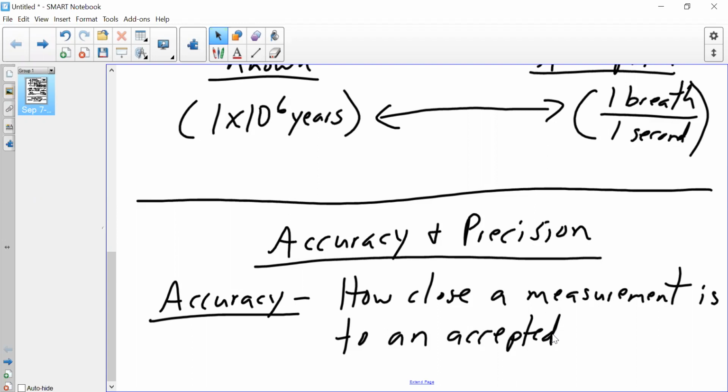If our percent error is, say, 20% or less, ideally 15 or 10%, then we can say just by the numbers, by the data itself, that our experiment was pretty good, because our result was a pretty fair estimate, a pretty small percentage between the accepted and experimental quantities. You may have seen that before, and we'll be doing that in here. So accuracy is how close a measurement is to an accepted value.